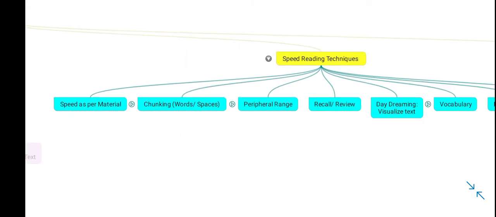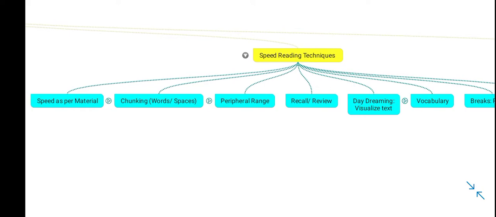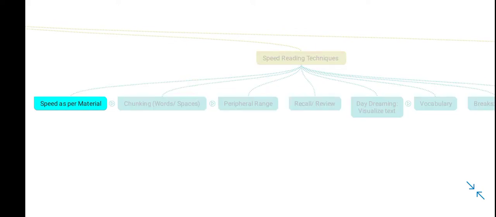Now there are certain techniques for speed reading. First of all, the writer says that the reading speed depends upon the difficulty of the material you are going to read. And when talking about the techniques, the main technique is chunking. So either you can chunk or group words, or you can chunk or group spaces in order to read them all together as if you are reading a single word.